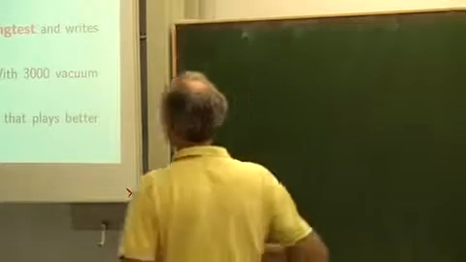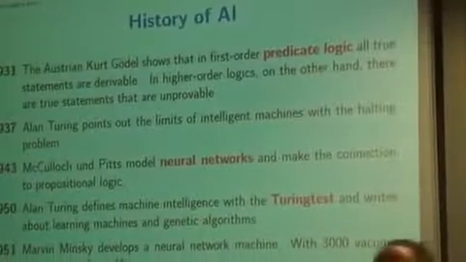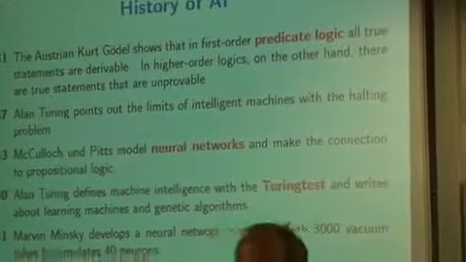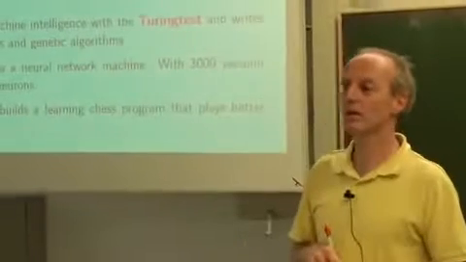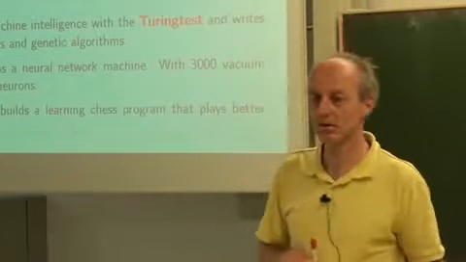And the really bad news behind this second Gödel theorem is that in AI we need higher order logic. With first order predicate logic, we cannot formulate all interesting things.